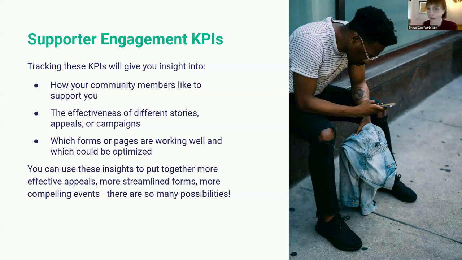If you find something bad, and please note the heavy use of air quotes around bad, finding that can help you identify the next steps to take to turn that trend around. This can give you a lot of insight into the ways that people support you financially, even into what campaigns and appeals are most effective. It can help you identify if you need to make updates to your website or to other materials.